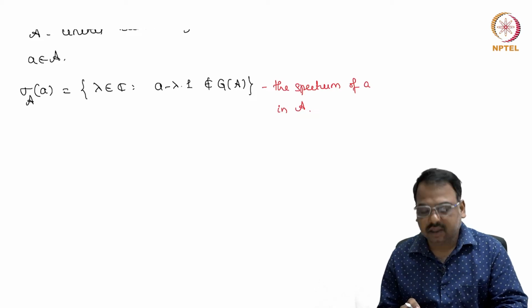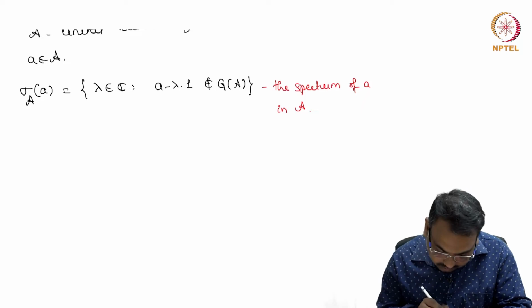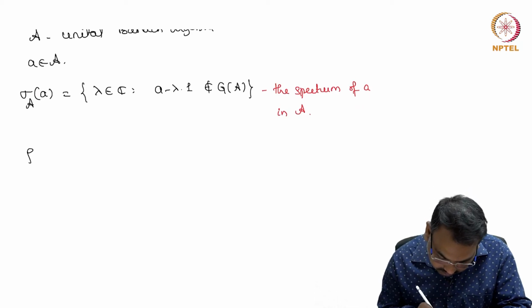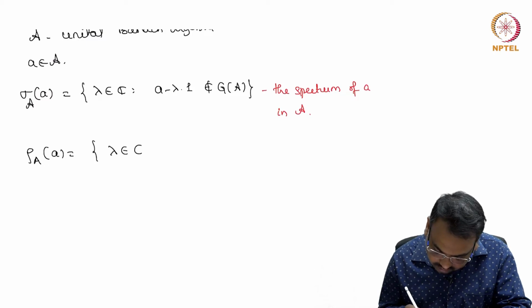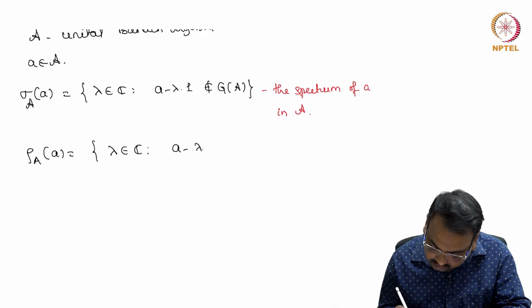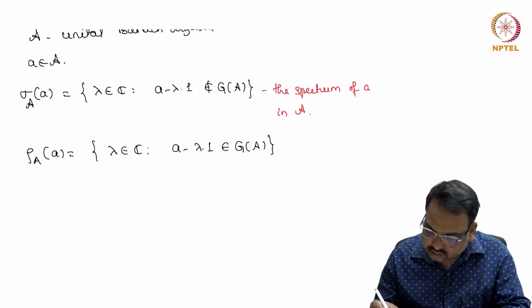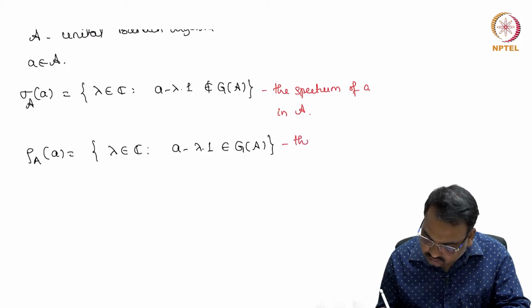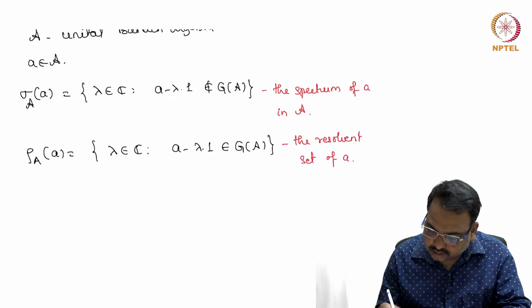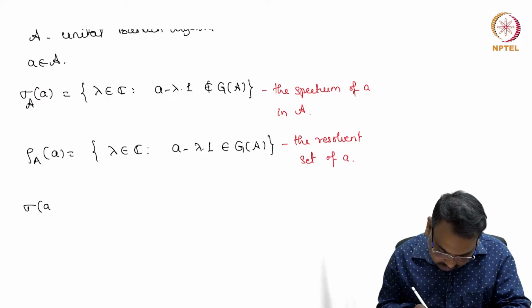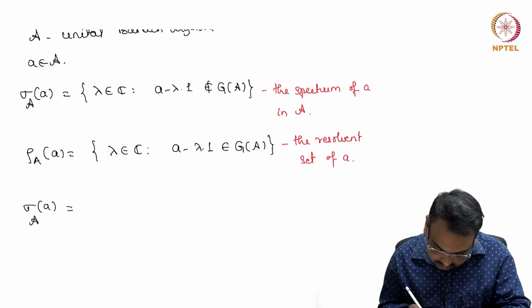And the complement of this is the resolvent of a, the set of all lambda in C such that a minus lambda 1 is in G of A. So this is called the resolvent set of a. And the spectrum of a with respect to A is nothing but C minus the resolvent set.